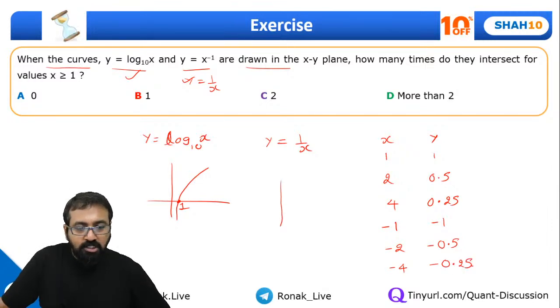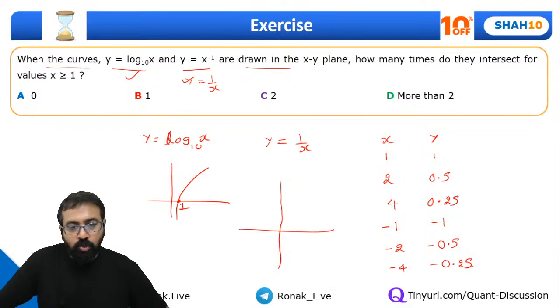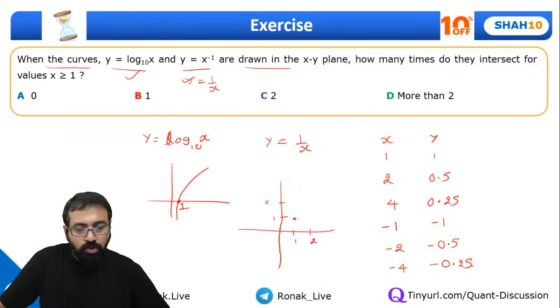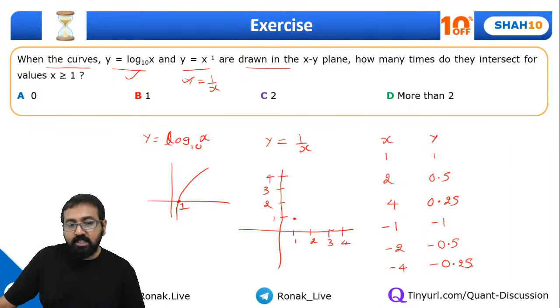If you plot these pairs of points, of course this point will be (1, 1). So this is 1, this is also 1, 2, 3, 4. Understand this part: when x is positive, y is positive, so we are looking at this quadrant.